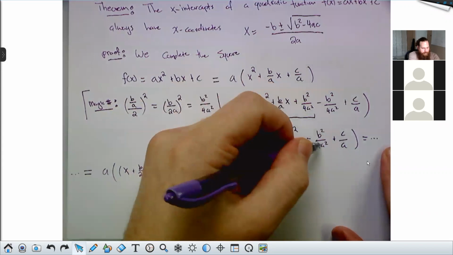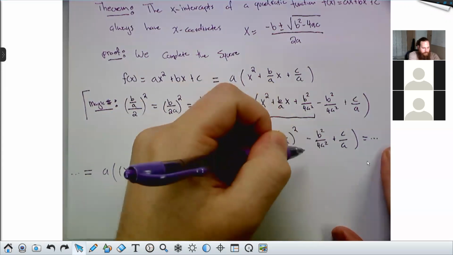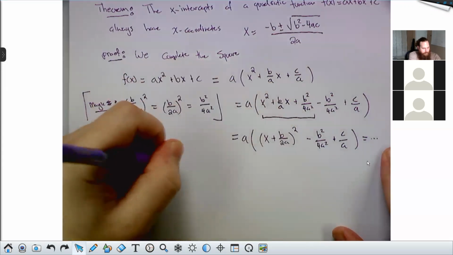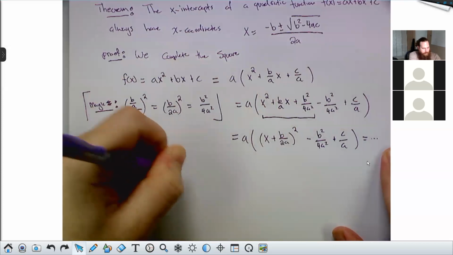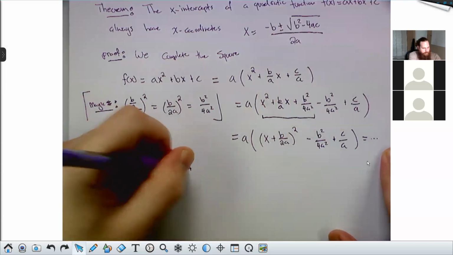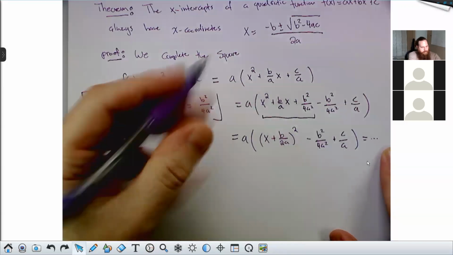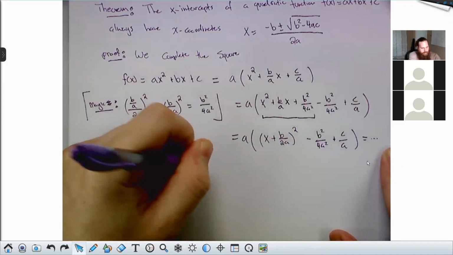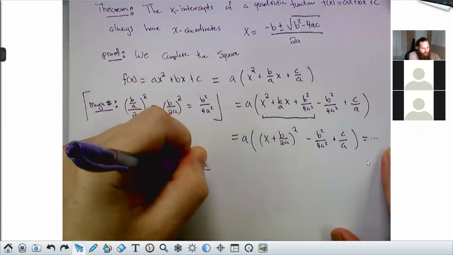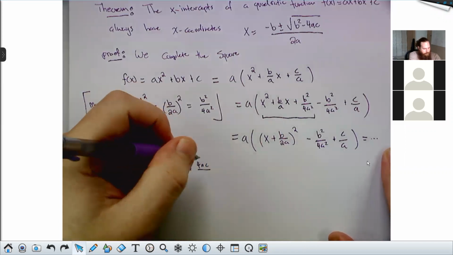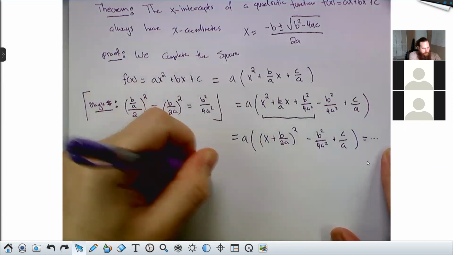Oh, let's see. No, he already has an a, doesn't he? Yeah, he doesn't need anything. So b squared over 4a squared plus, this piece though needs to be hit by 4a upstairs and down. So that's 4ac over 4a squared.